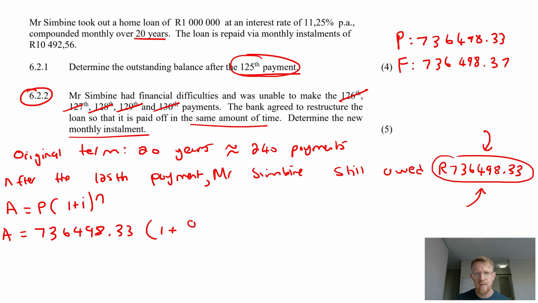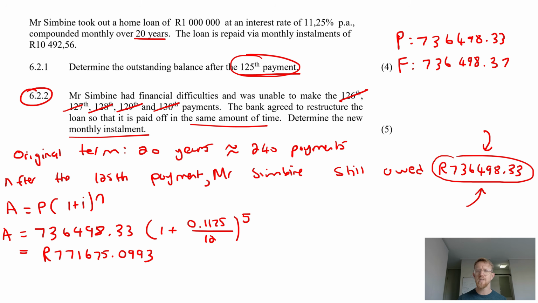Okay, so it's going to be the original interest rate, and that is going to be monthly. And we're just going to say 5 over here. You're not going to say 5 times 12 because that would be 5 years. He only missed 5 months, okay? And so if we work that out, it's now going to be 771,675 point. Let's not round off because it's not the final answer.